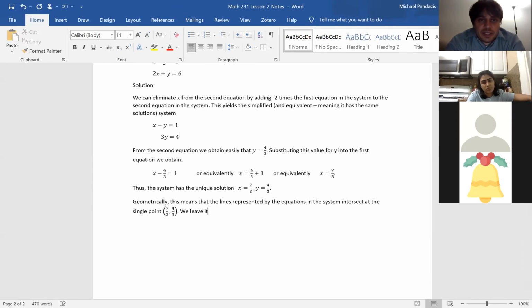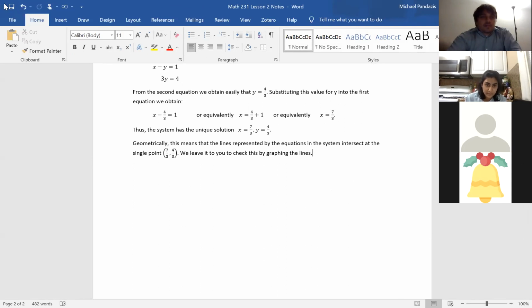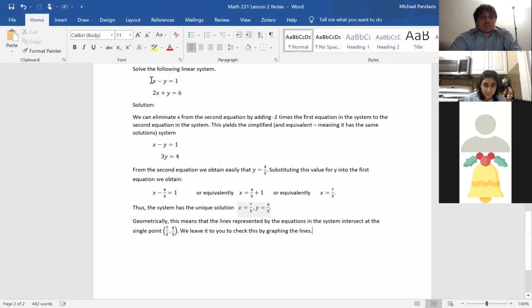We leave it to you to check this by graphing the lines. Okay, so if you graphically draw this line, and you graphically draw this line, and then you see the intersection point and you find it, you'll find that it's this point. Okay, if you find it correctly.